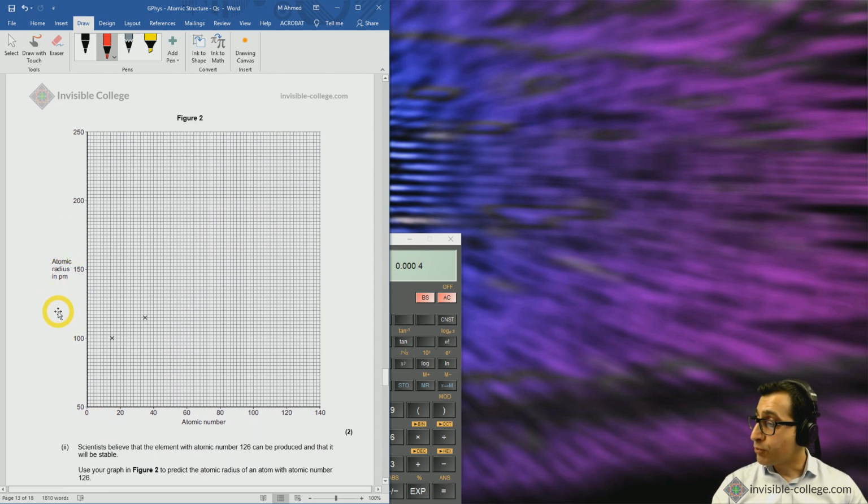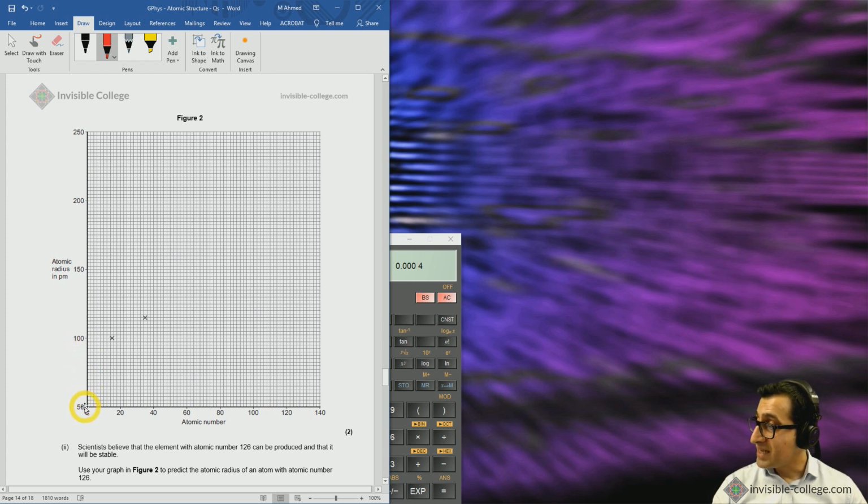Now, when you're presented with a graph like this, please pay attention to the increments. So here from 0 to 20, we have 10 increments on the horizontal axis, which means each one of these increments represents 2 units of atomic number. Here we have 20 units between 50 and 100.